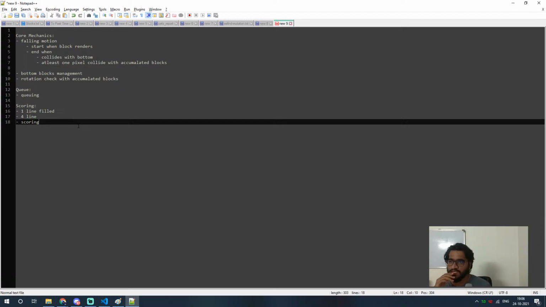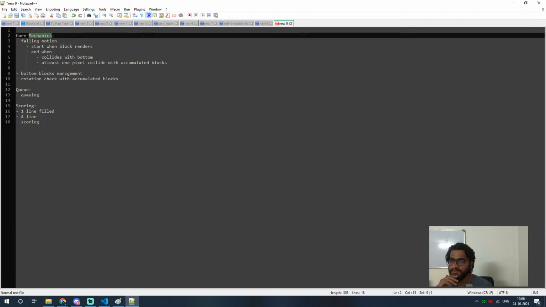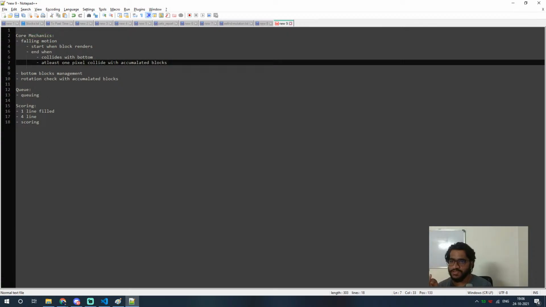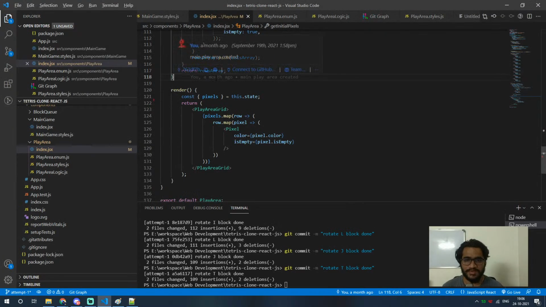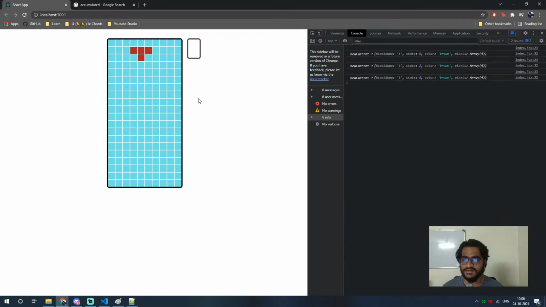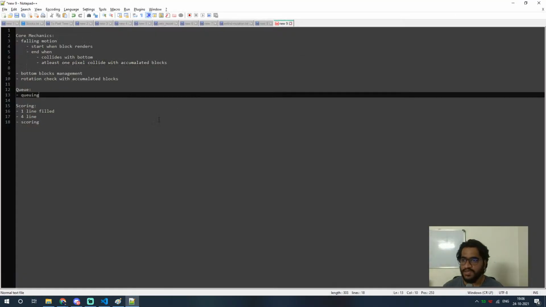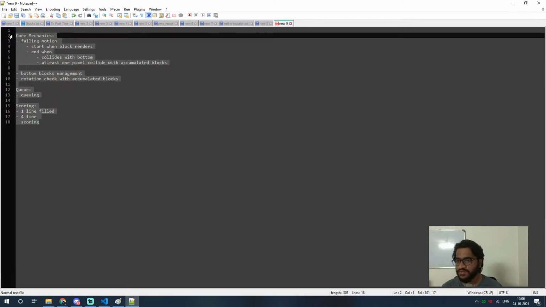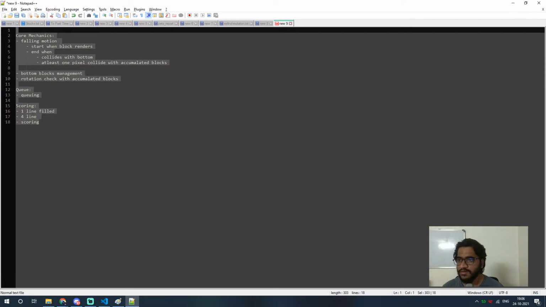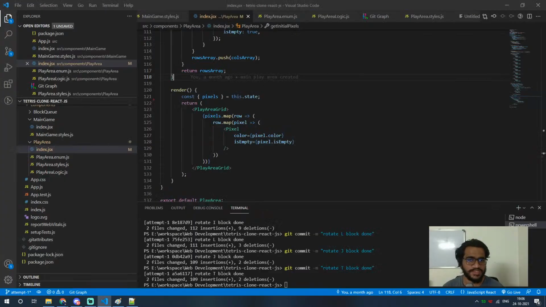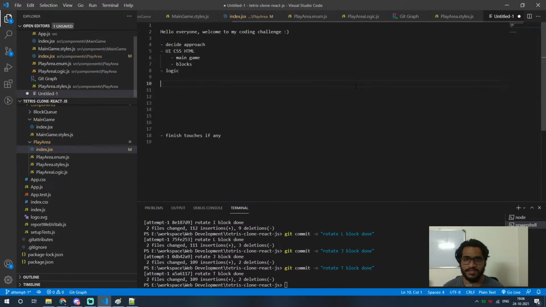Figuring out core mechanics is the main part, and after figuring out this much, I think some of my questions are solved. I just went ahead with rendering and all, and it messed up the whole process, but now I think I'm clear with my approach. So let me just copy it and save it.